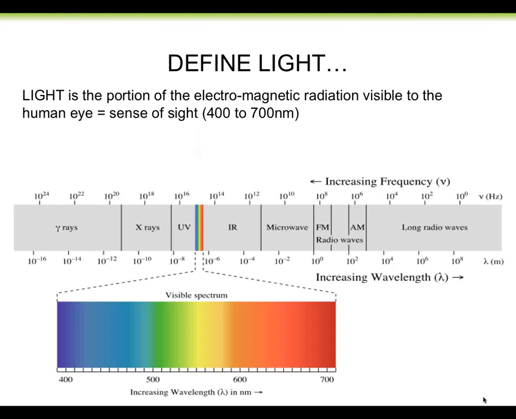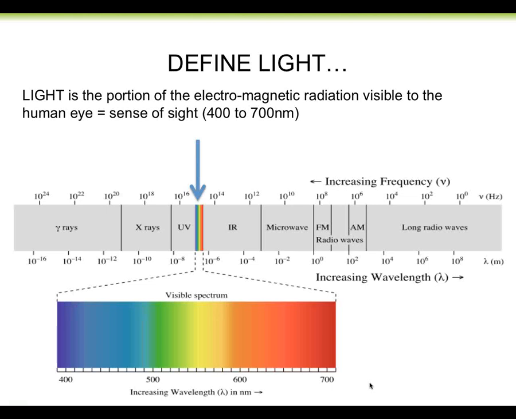So if you look at this diagram, you can see that this whole range of electromagnetic radiation is available here on the Earth. We understand that there are X-rays, we understand that there are UV rays and gamma rays, but the only portion that we see is this tiny little portion of light. This is what we call the visible spectrum, right? And so that is what people say here on Earth, that is visible light.